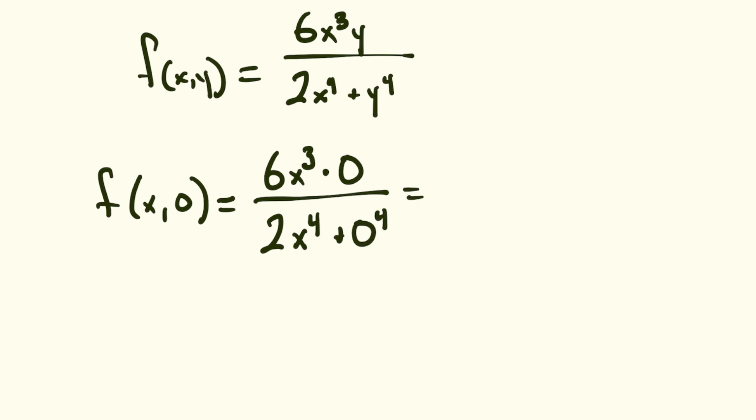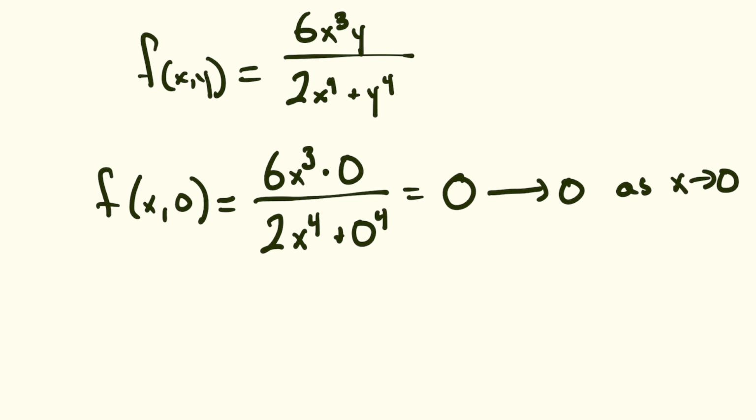So this is going to give us a 0 on the numerator. So this is going to give us a 0 as our function. And of course, we see that that function is going to go to 0 as x goes to 0. So we know that is going to go to 0, and we have no problem with it whatsoever so far.